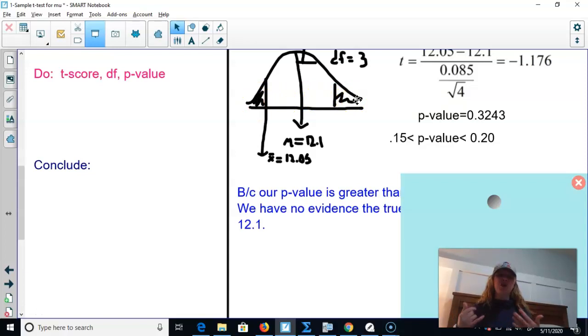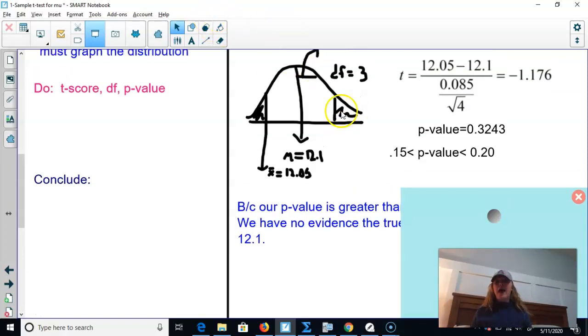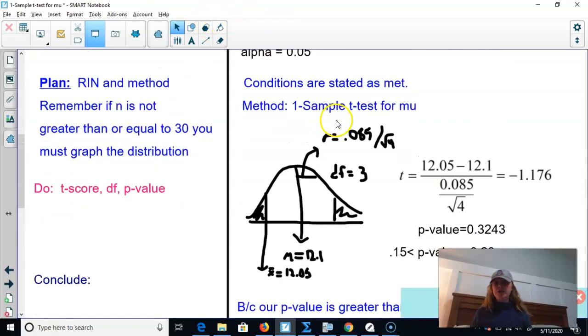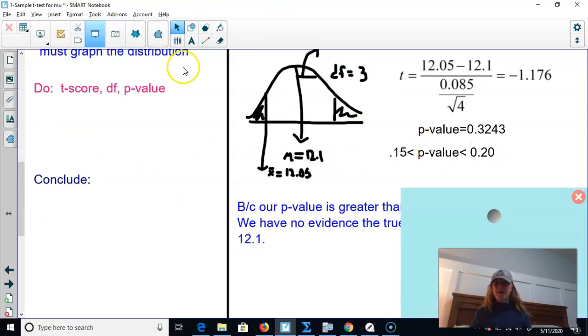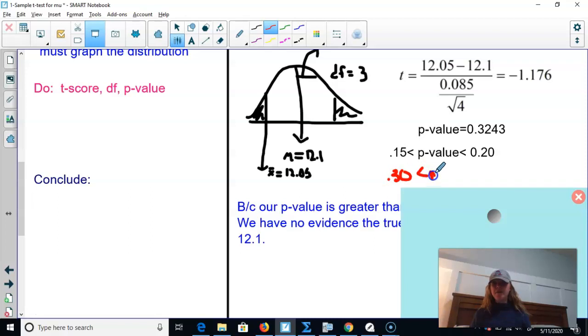Whenever you don't use your technology from a graphing calculator and you do it by hand, whenever it's a not equal to, you have to multiply that p-value by 2, which means if I take 0.15 times 2, that gives me 0.30 is less than my p-value, which is less than 0.4.